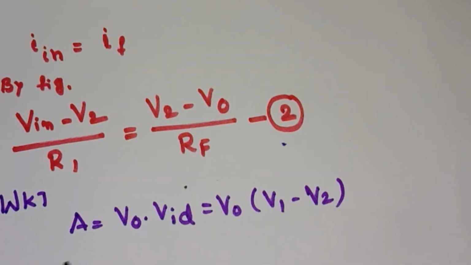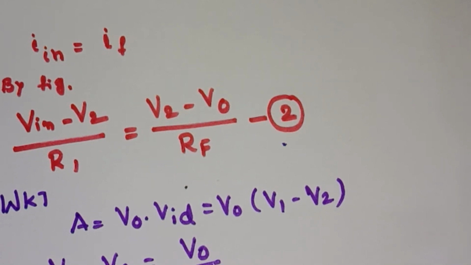The same equation can be written as V1 minus V2 is equal to V out divided by A. So here, V1 is equal to 0, because this is a non-inverting terminal. The non-inverting terminal is grounded. That means we have not applied any voltage.